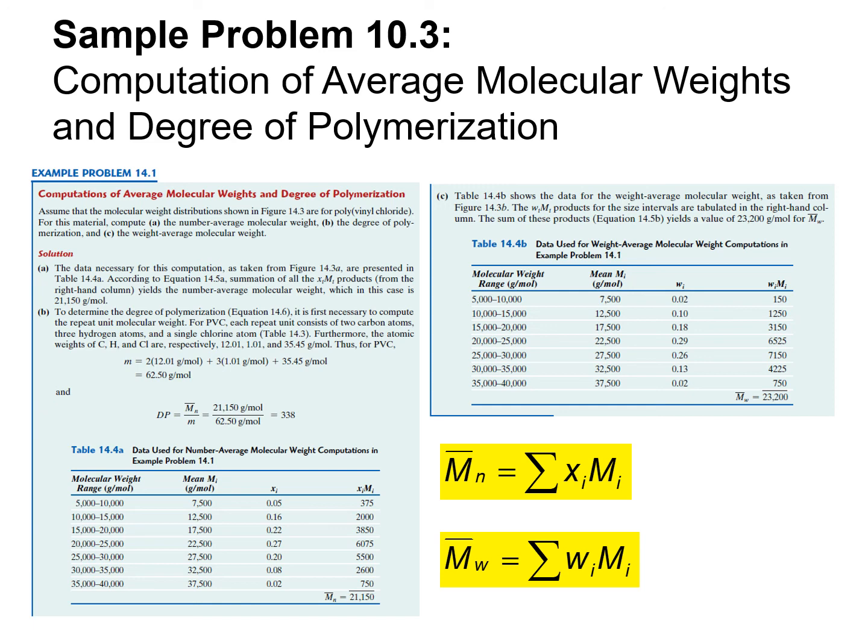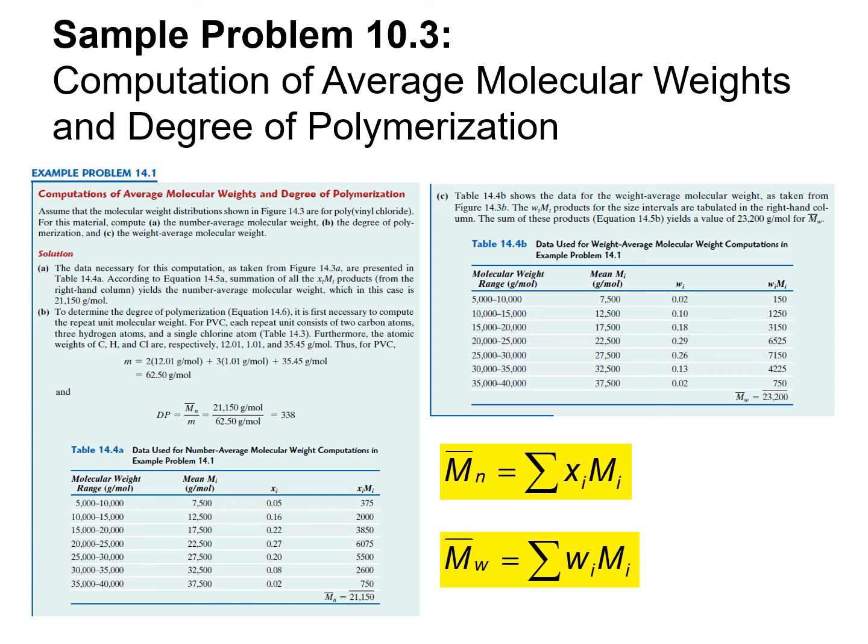And for B, to determine the degree of polymerization, we use equation 14.6 from chapter 14 of the book. So it is first necessary to compute the repeat unit molecular weight. For PVC, each repeat unit consists of 2 carbon atoms, 3 hydrogen atoms, and a single chlorine atom, by referring to table 14.3, which we have discussed previously. Furthermore, the atomic weights of carbon, hydrogen, and chlorine are given as such.